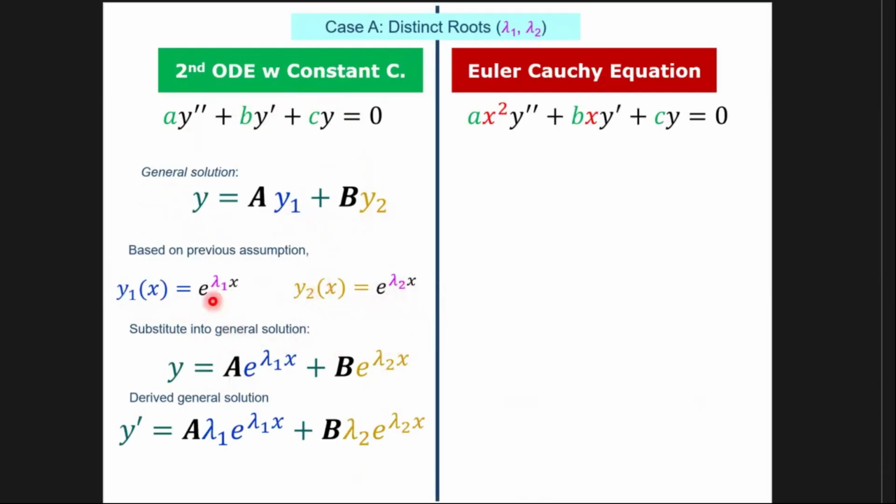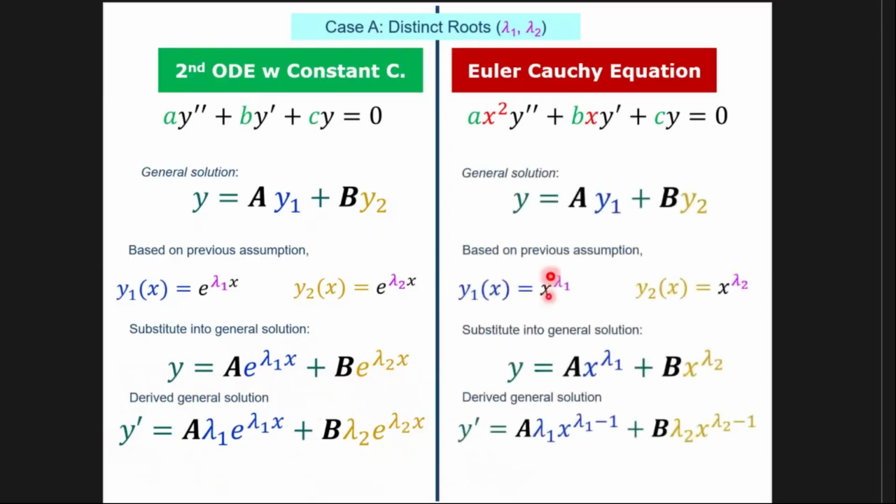Since we have lambda 1 and lambda 2, we can get two values of y. Now we can substitute these into the general solution, so we will get y equals a exponent lambda 1 x plus b exponent lambda 2 x. I also provide a derived general solution if you want to use it later.